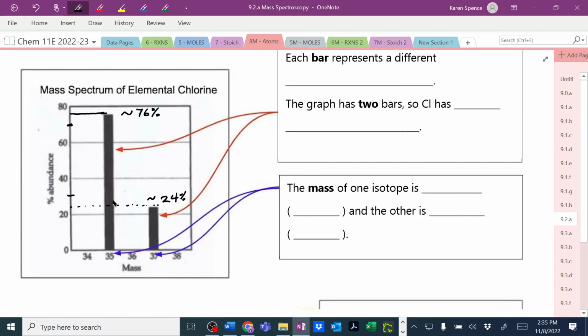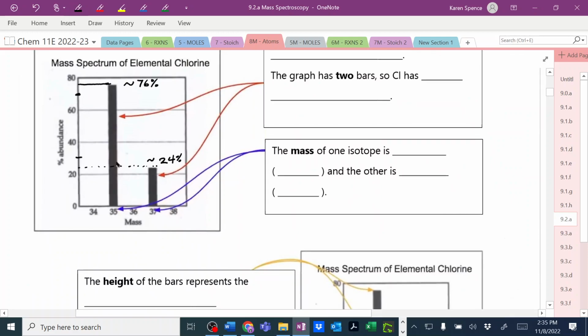So do we remember how to calculate the average mass? You take your decimal percent and multiply by the mass, then you take your decimal percent of the other one and multiply it by the mass, and then you add the two together.